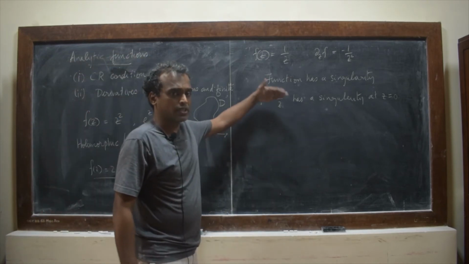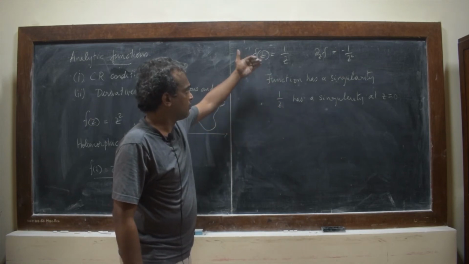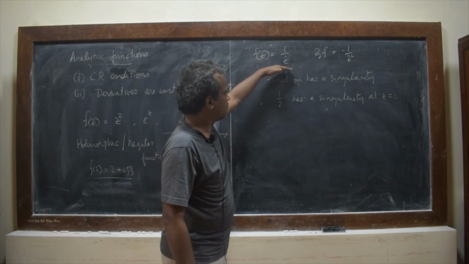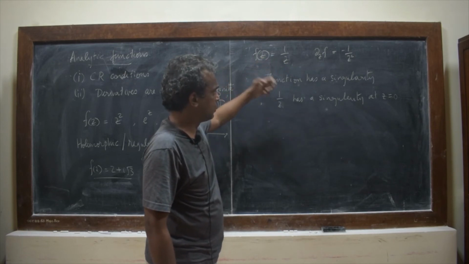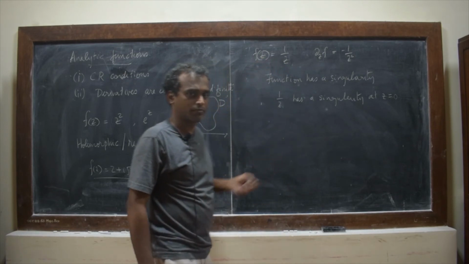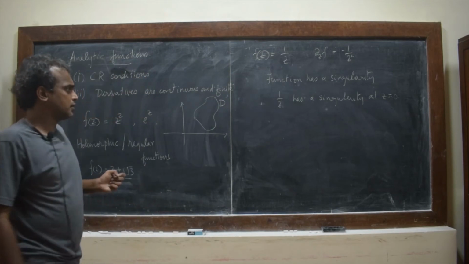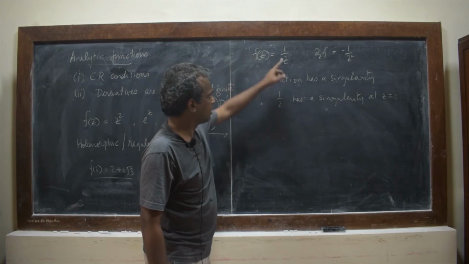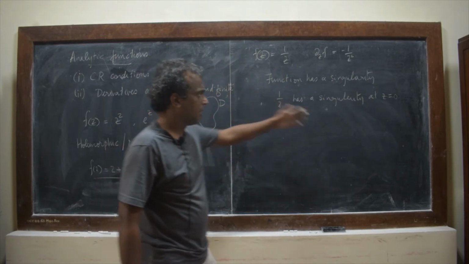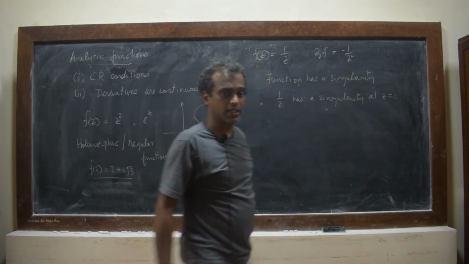So, we are going to see more examples of functions which have singularities at certain specific points. But before proceeding with it, let me point out once again that this particular function 1 over z has a singularity at z equal to 0, as we have seen.